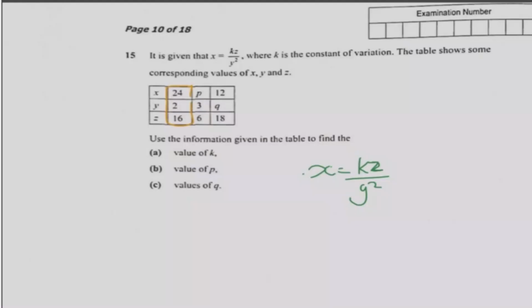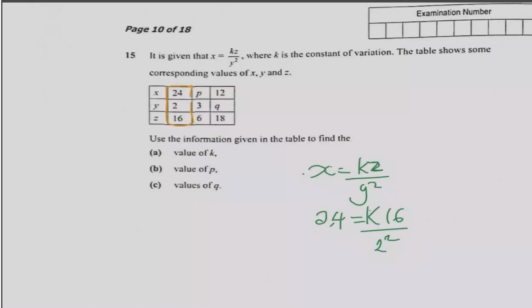So what is the value of x? That is 24. So we write 24 is equal to, then the value of k is what we want to find, so I'm going to write k, then we have the value of z, which is 16, over the value of y. The value of y is 2, so we have 2 as the power.